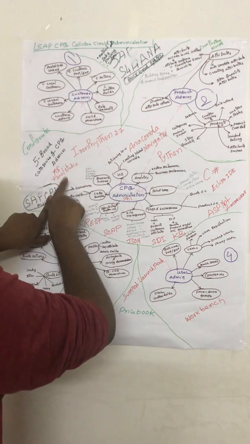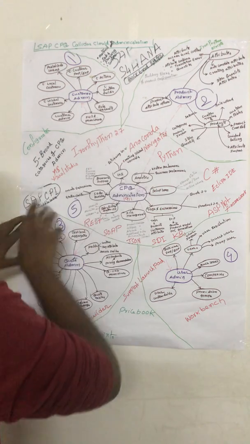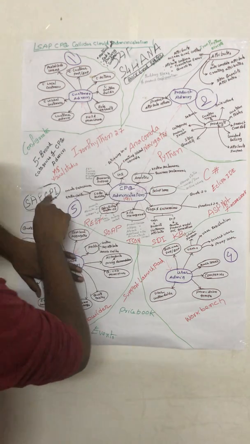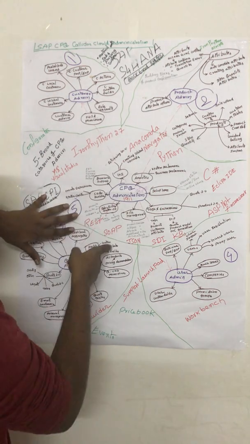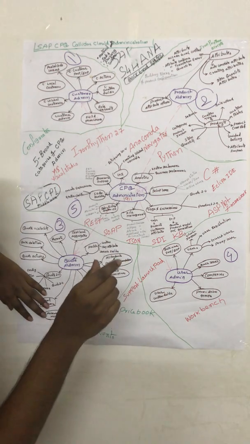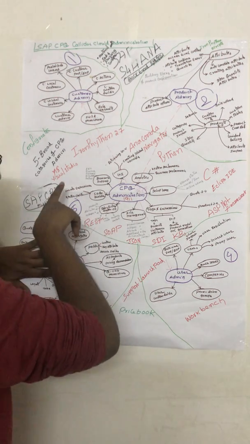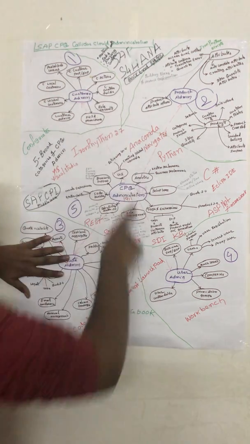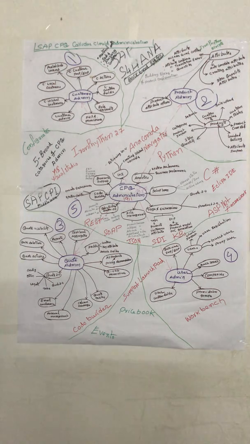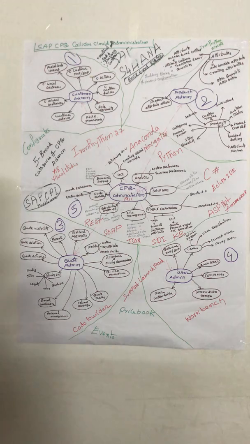CPQ to SDI, SDI to S4 HANA through RESTful web services. So from CPQ to SDI there will be SAP knowledge bases, and from SDI to S4 HANA there will be RESTful web services which help in sending requests and retrieving information.